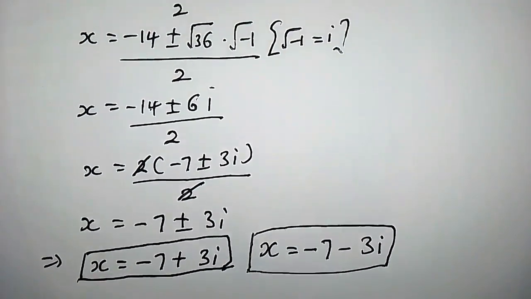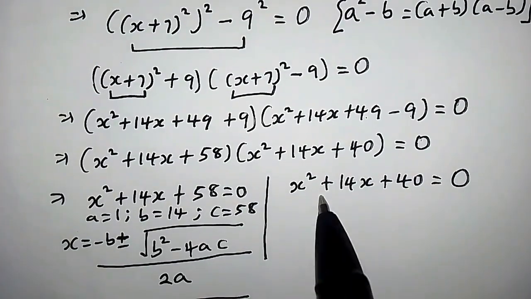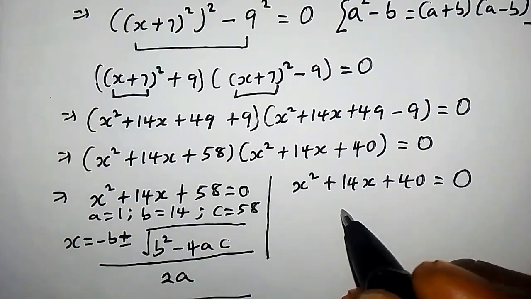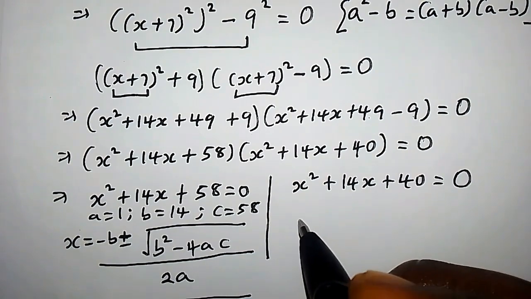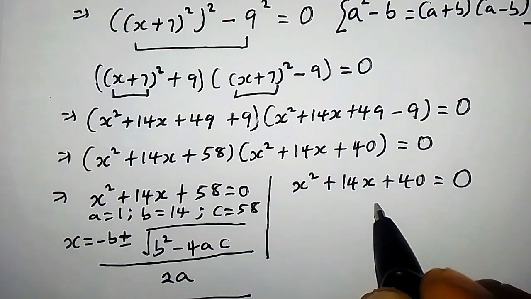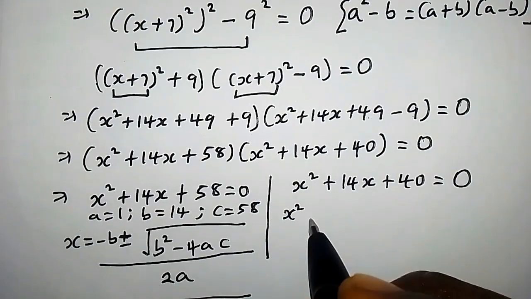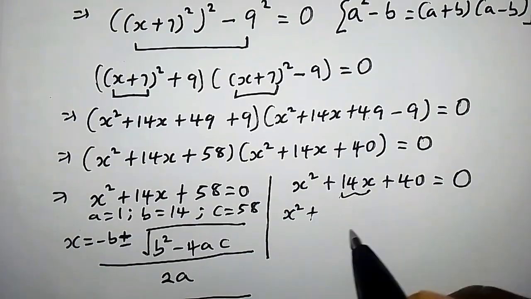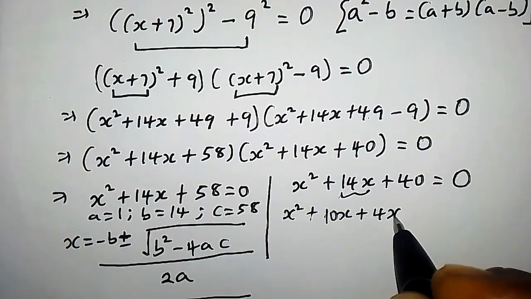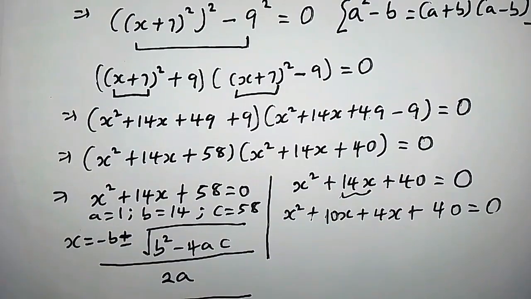Now, let us solve the other quadratic equation, x² + 14x + 40. You will see that this equation is factorizable. 10 plus 4, that is 14. 10 times 4, 40. So let us factorize it. x² + 14x could be written as 10x + 4x + 40 equal to 0.